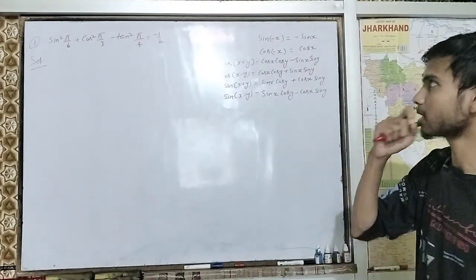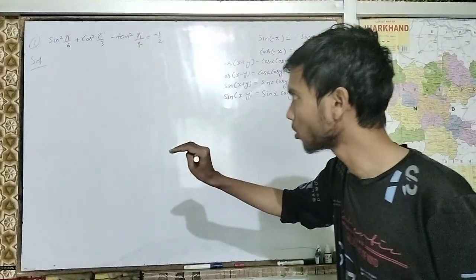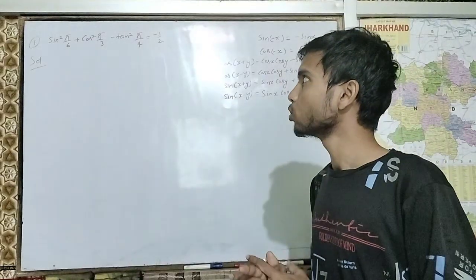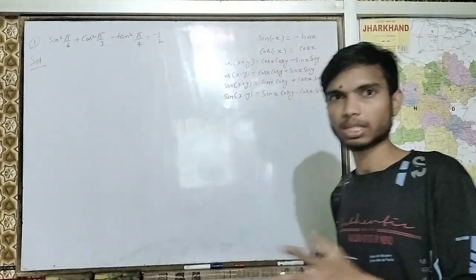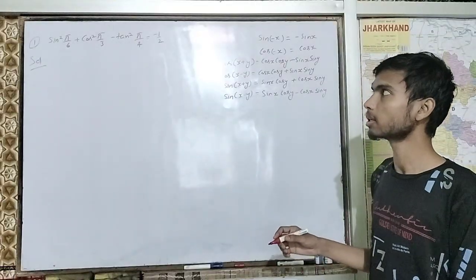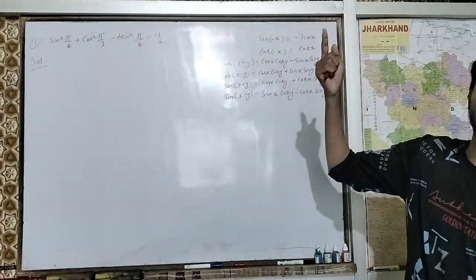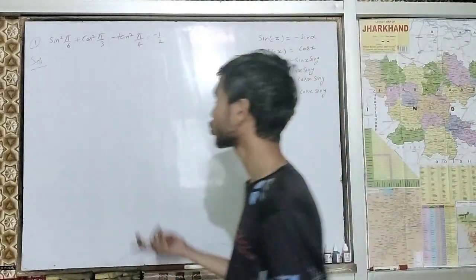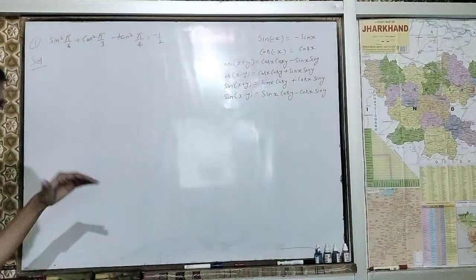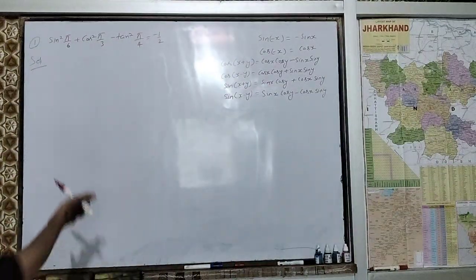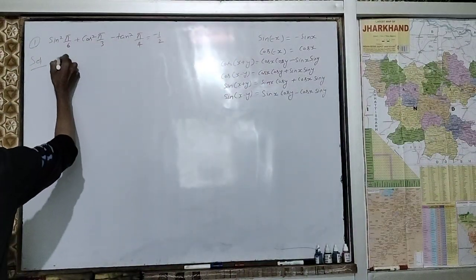We know that this is nothing but 180 upon 6, so it is just 30 degrees, because 6 threes are 18. So what is the value of sin 30? Just 1 upon 2.